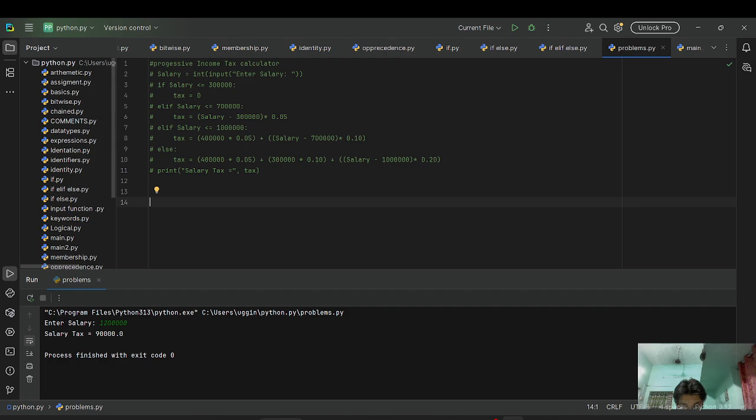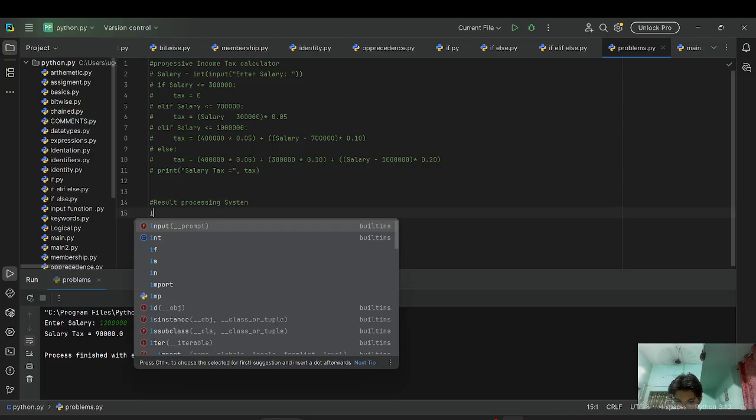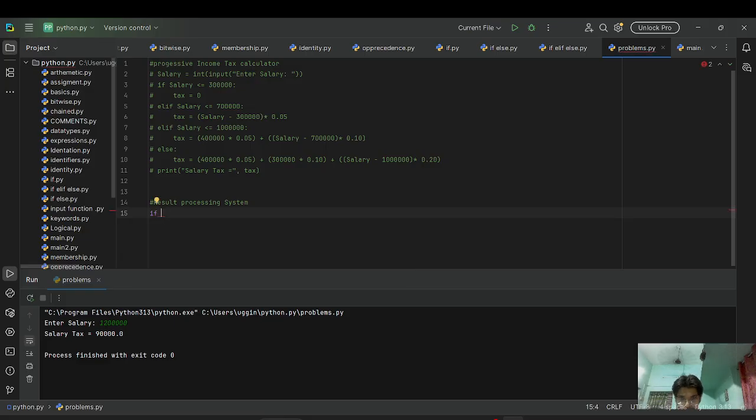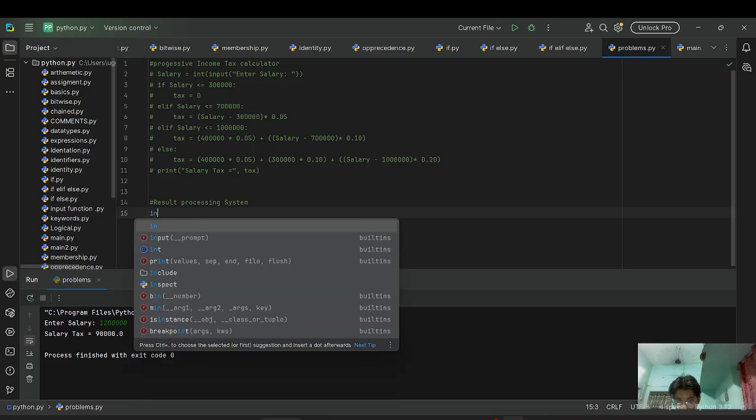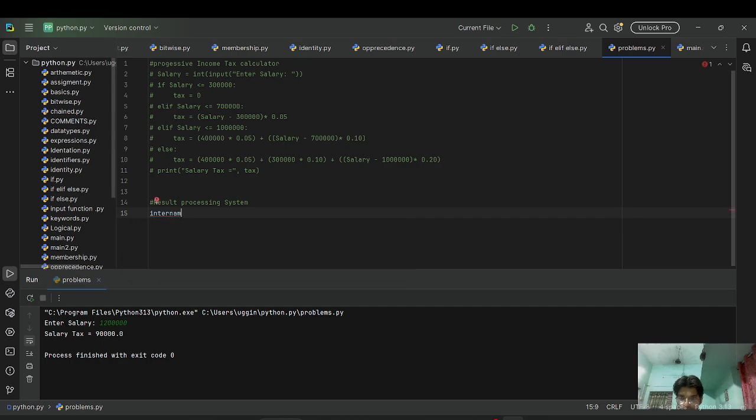So our next problem is a university result processing system. Let's see how it will work. First I will take input, internal and external.